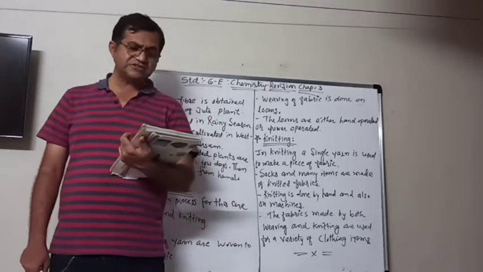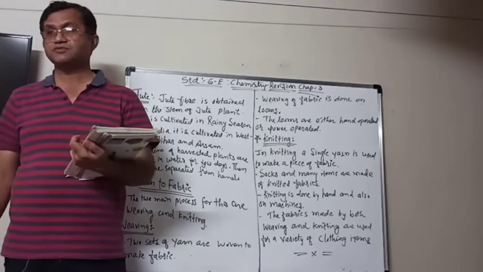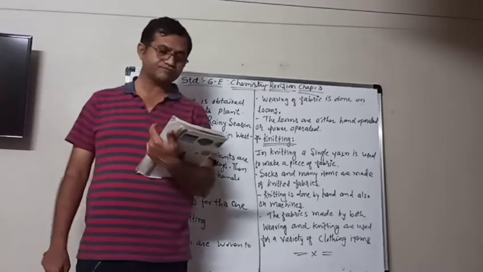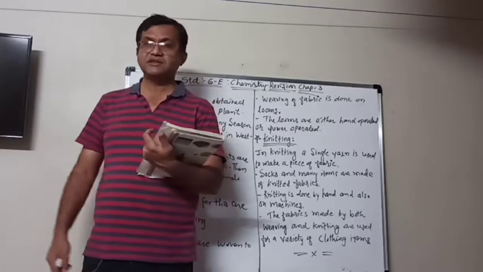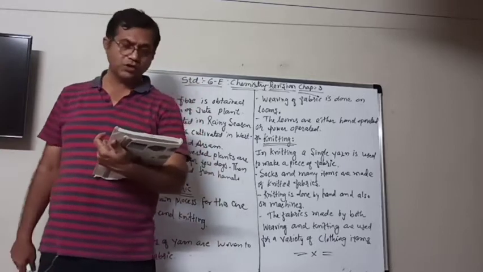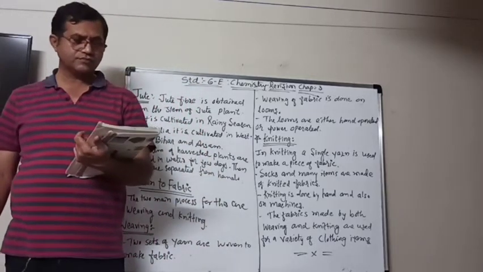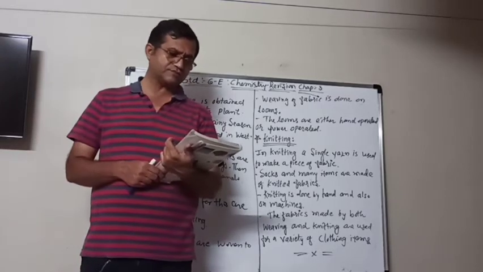In those days, stitching was not known. Now we stitch our clothes according to measurement. So people simply draped the fabrics around the body to cover themselves. Many different ways of draping fabrics were used.